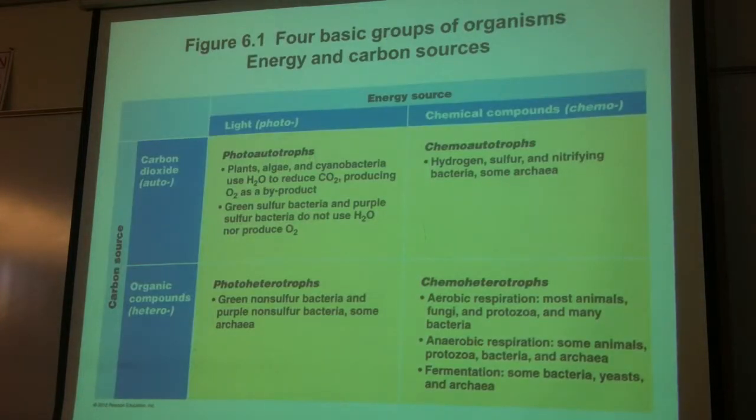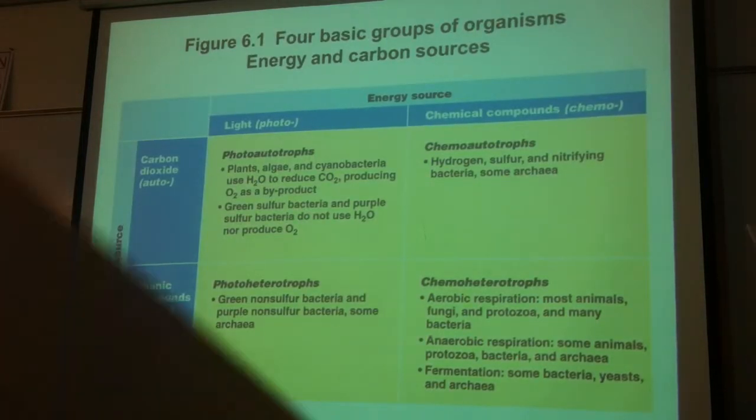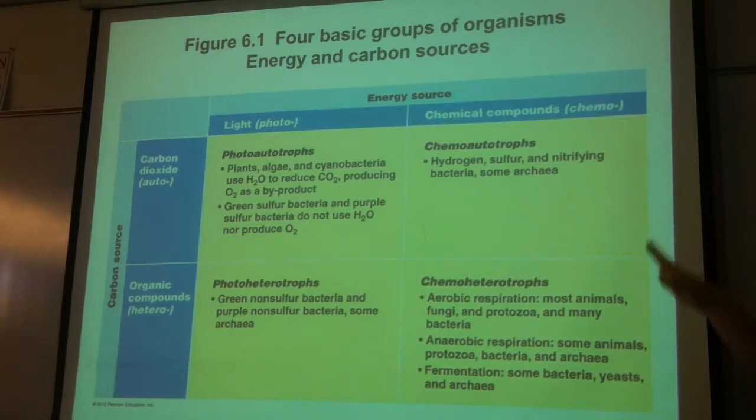Okay. So, a pretty quick picture to separate what we just saw with what is your energy source, what is their carbon source, and just to also give you some examples of some of the organisms. So plants, algae, cyanobacteria, photoautotrophs. They can turn light into food.